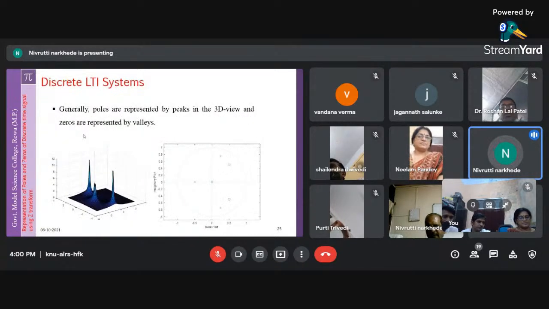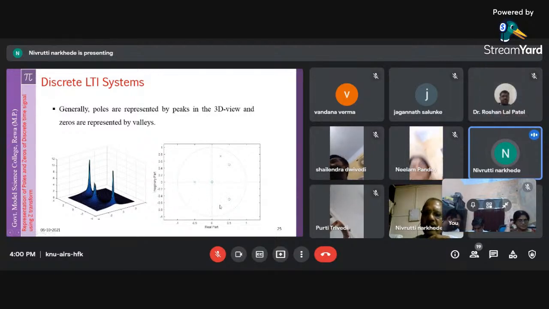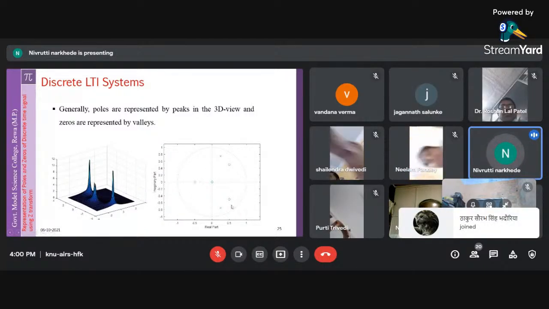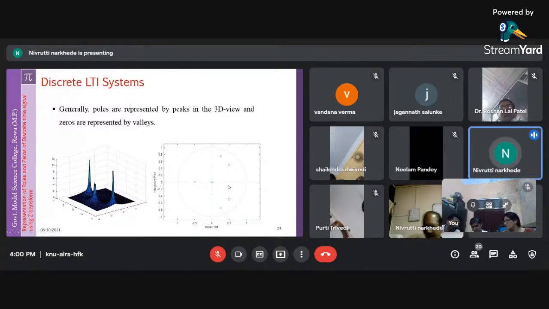So this is one of the examples of a system analyzed using Z transform techniques. Here in this figure, the crosses define the poles. These 3 crosses are there, which means the denominator possesses 3 roots. These are complex numbers on the unit circle, defined by these 3 crosses, while we observe 3 small circles here, which are the zeros of the system.